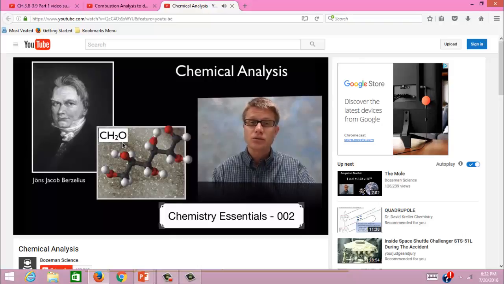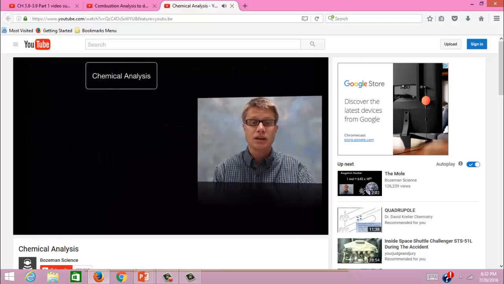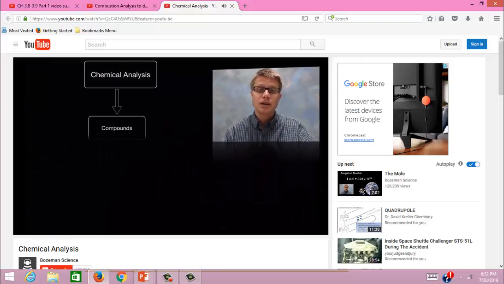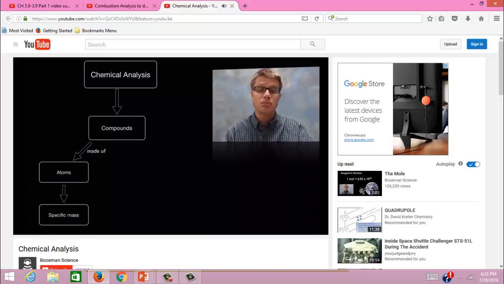But if we look at the actual structure, this is what glucose looks like. So it's going to have 6 carbon, 12 hydrogen, and 6 oxygen. But chemical analysis is simply looking at a compound like glucose, for example, figuring out what's in there, how much of that, what, and then how it's all connected together. And so in chemical analysis, we're looking at compounds. And remember, compounds are going to be made up of atoms, and each of those atoms have a specific mass.